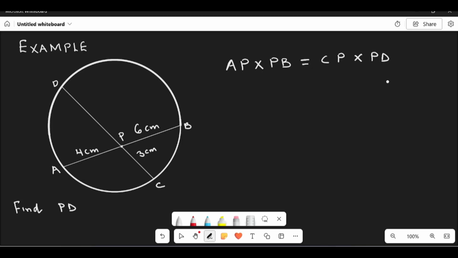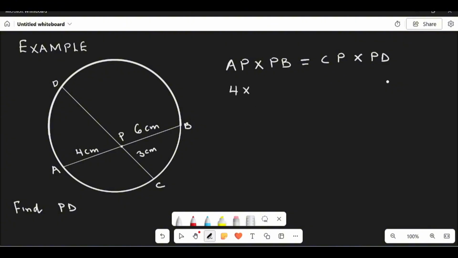Let us substitute our given values into this equation. Our AP is 4, our PB is 6, and our CP is 3.